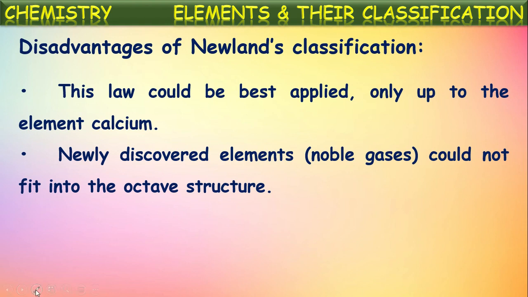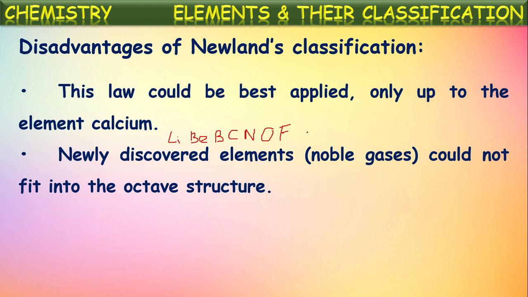For example, we said after lithium, the consecutive eighth element is sodium. Here we have lithium, beryllium, boron, carbon, nitrogen, oxygen, fluorine. While he was giving this classification, they didn't yet know about noble gases.